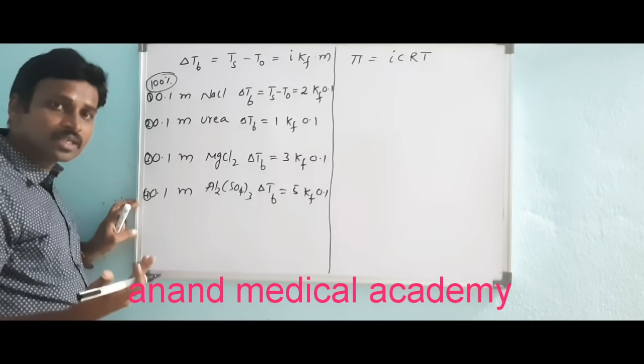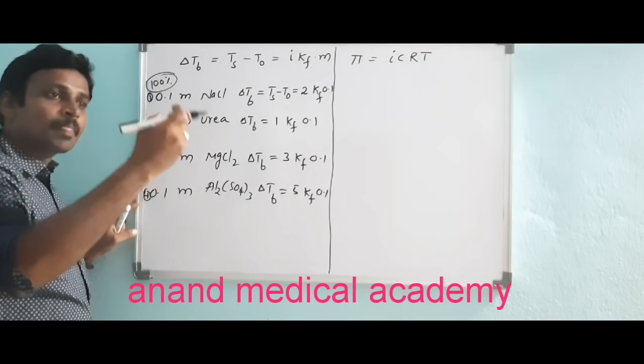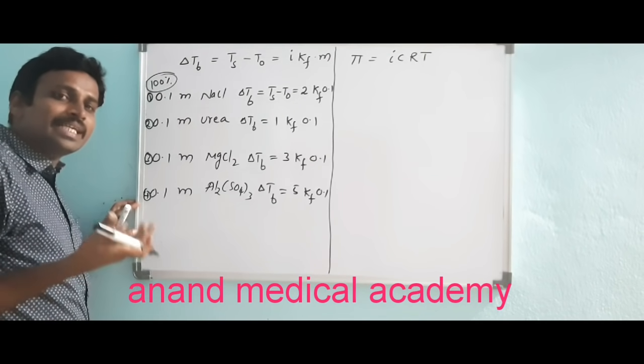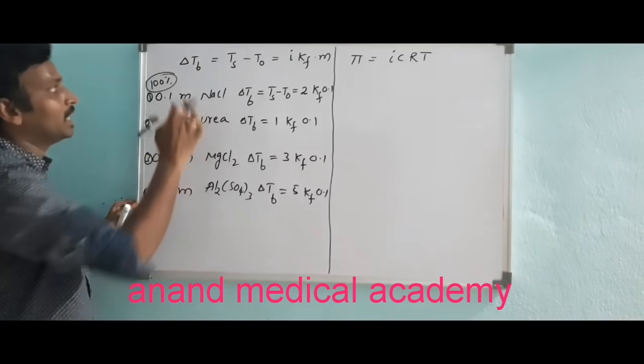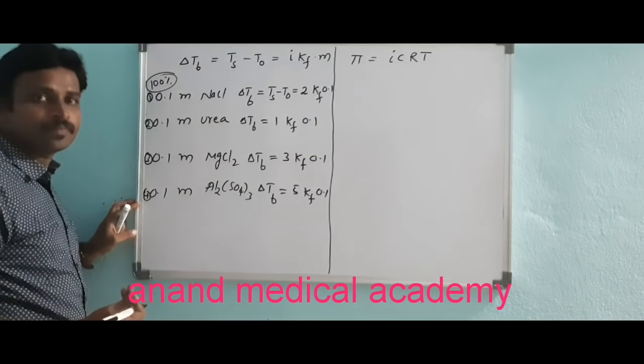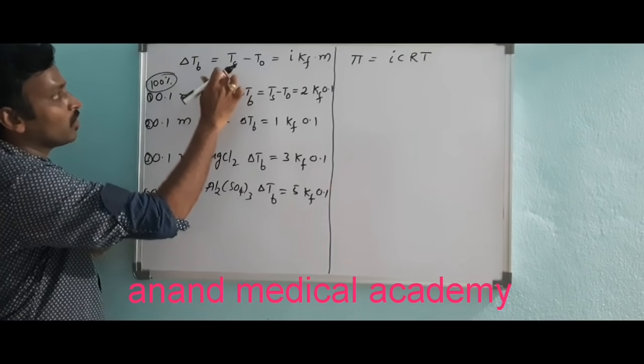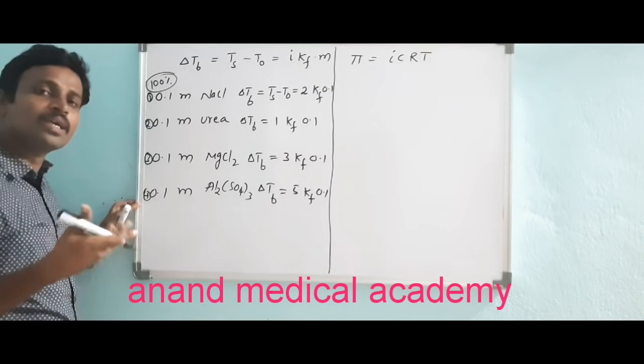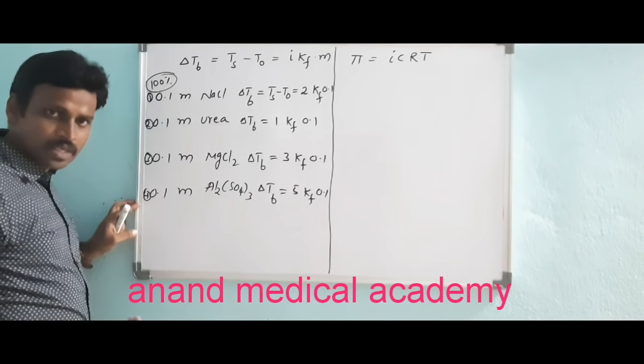The more the number of ions, the more non-volatile particles there will be, so the delta Tb value will be more. Delta Tb value is more means Ts is more, because non-volatile particles are more. Got it?